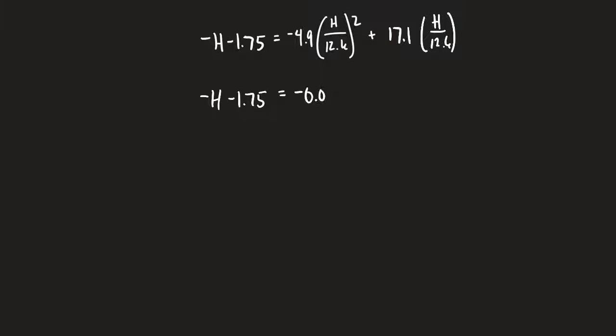You said 0? Negative 0.03. I'm going to need more decimals than that. Give me like 2 more decimals. All right. That okay with everybody? H squared plus, what's 17.1 divided by 12.6?